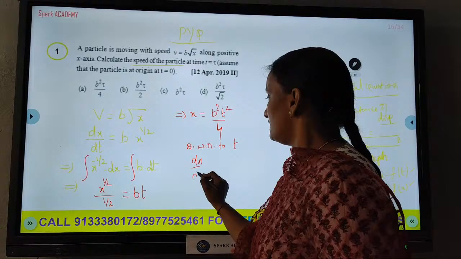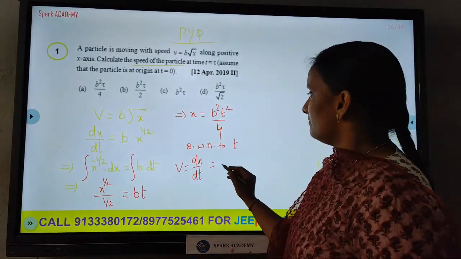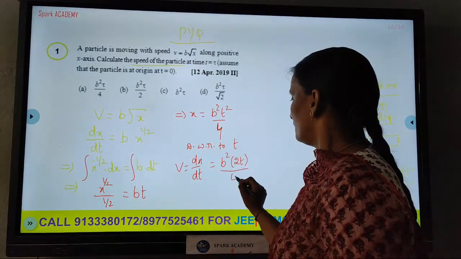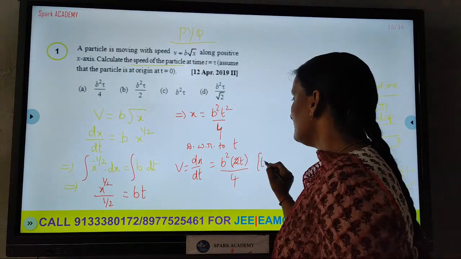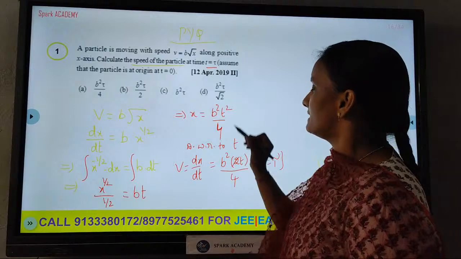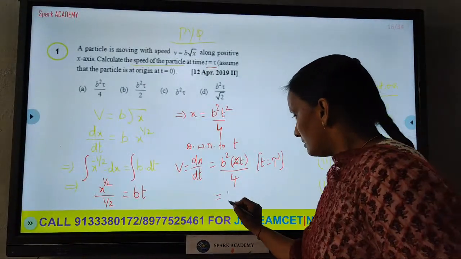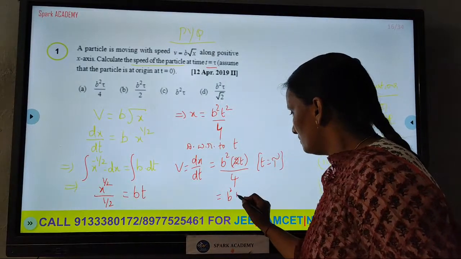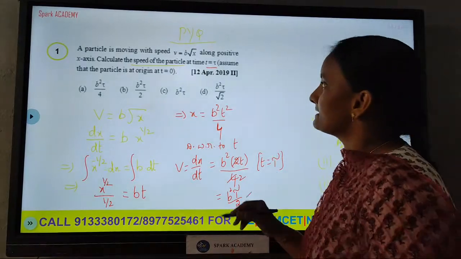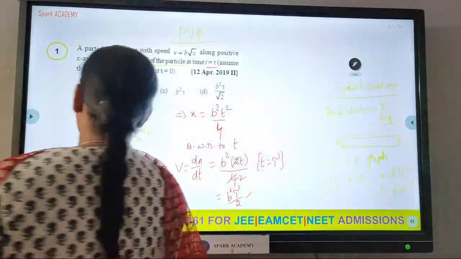Then dx by dt, which is the velocity or speed, will be equal to b square into 2t by 4. Here t is equal to tau. They are asking the speed of the particle at time t equal to tau, so we can write b square, put t value tau, the 2 cancels, and b square tau by 2 will come. This is the answer, so option B. The next question.